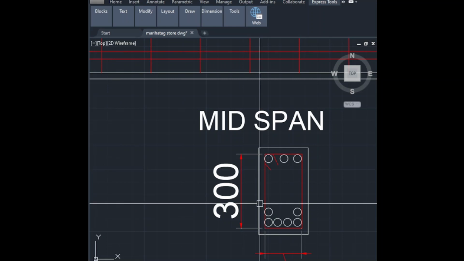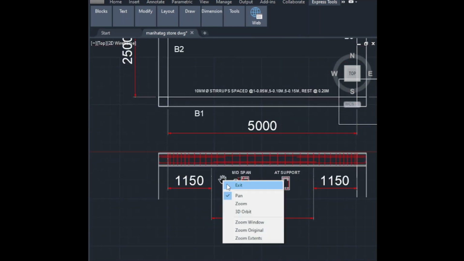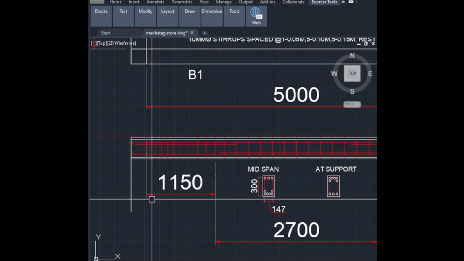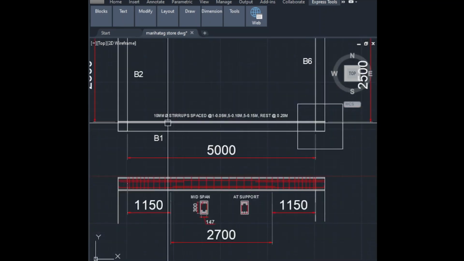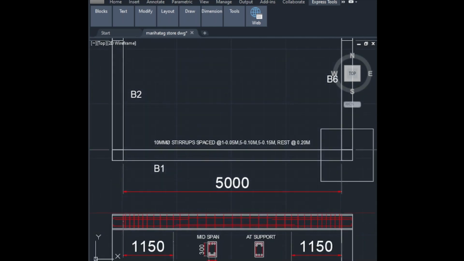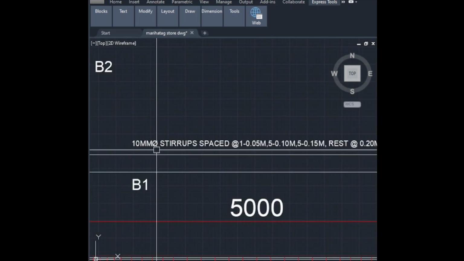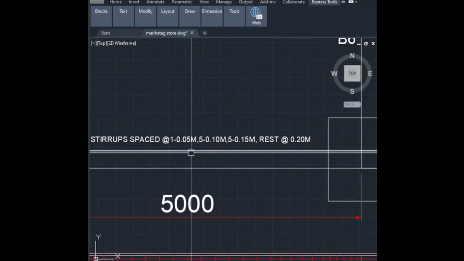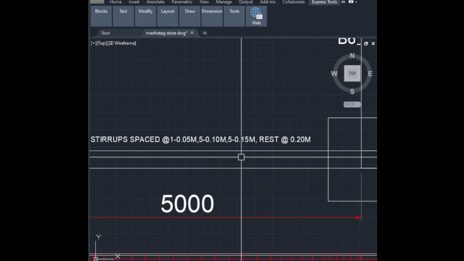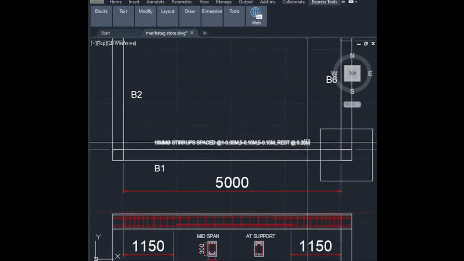So the number is, actually we will just count this one, because this is the stirrups of the beams. Then 1 at 0.05, then 5 at 0.1, then 5 pieces at 0.15, then the rest at 0.2 meters.